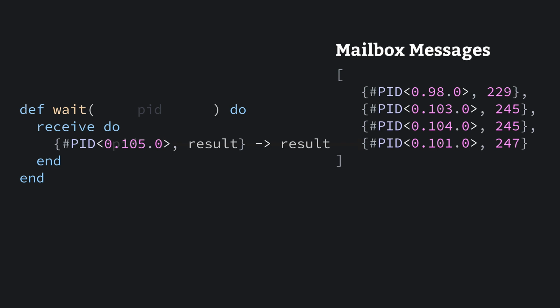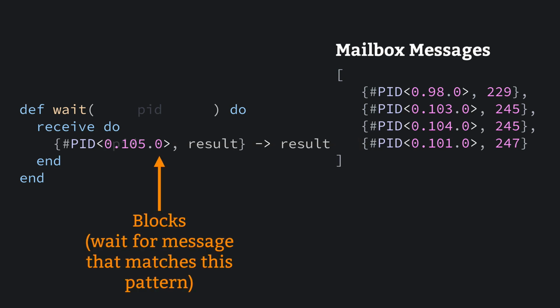If no messages in the mailbox match this pattern, then the receive macro, as written here, will block waiting for a message that matches this pattern. This message pattern matching and potential blocking could be totally fine, or it could be problematic depending on the situation. Keep this behavior in mind as we learn more about processes.